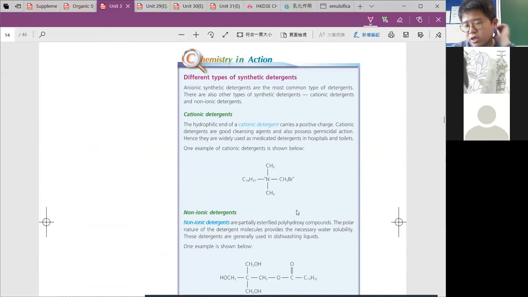And indeed, outside in the market, we may have some cationic detergent as well. So you take a look at this. Don't worry about the difference in particle size. But what we want is for you to let me know your understanding. This part, cationic detergent. How come this one would act as a cleansing agent?